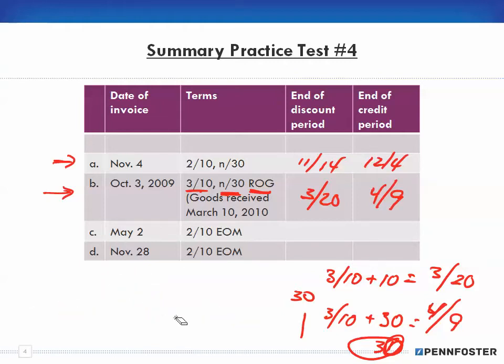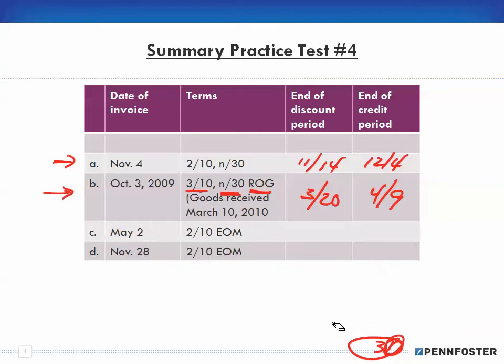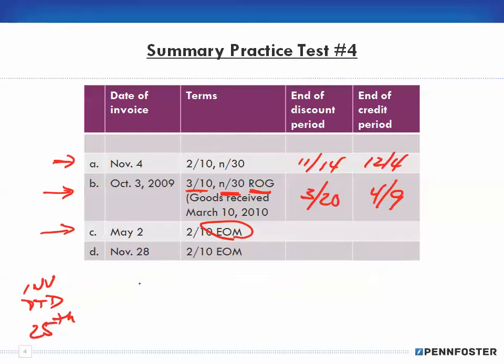Let's go and look at May 2nd. Okay, now this is the end of month, right? And whenever we're looking at end of month, remember we're talking about whether the invoice is dated the 25th or sooner. So in this case here, the invoice is dated May 2nd.